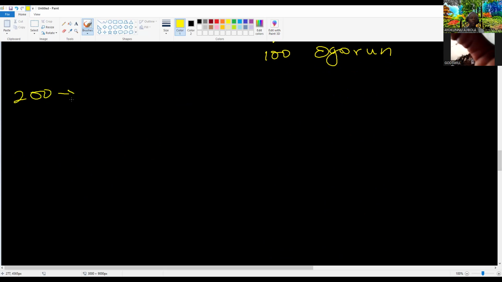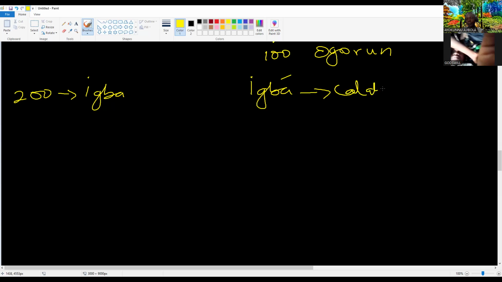200 is not ogorun meji, it is called igba, okay? Is Igba stick or is it what? What is Igba? Igba 200, okay? There's another meaning for Igba in Yoruba. Igba, re, re, that is the difference. Igba is re, mi. This one is calabash, okay?